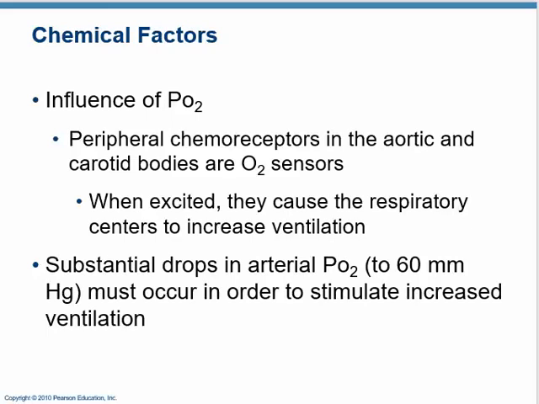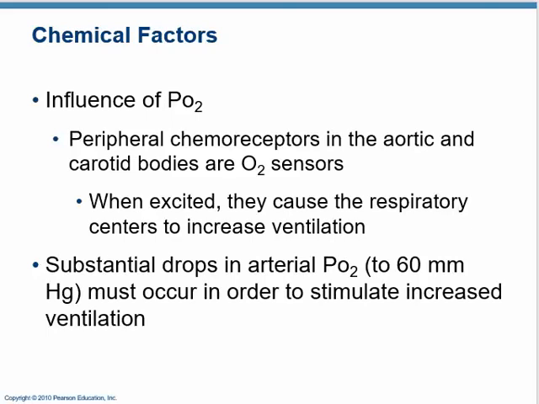The influence of low partial pressure of oxygen has to be really low. It's got to drop to 60 millimeters of mercury to stimulate increased ventilation. So you've got at least 2 minutes before it drops that low.